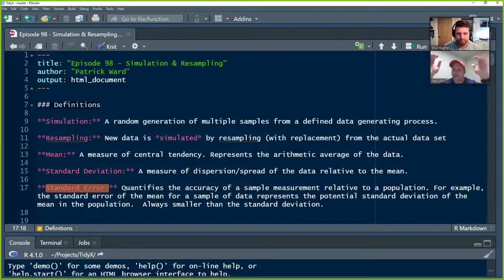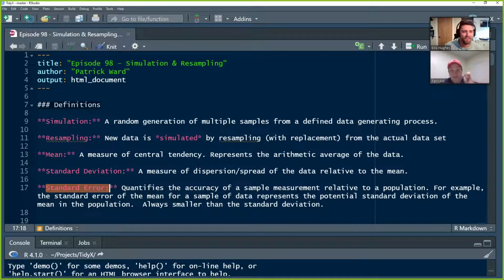And so we want to take that dispersion and divide it by the square root of the n number of data points within that sample. And that's going to give us our standard error, which is helping us identify the accuracy of this measure when we try and infer back to a population. Okay, so that's standard error.